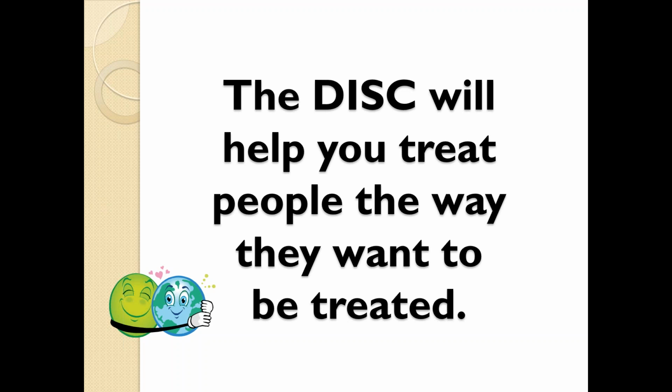No. Because the highly compliant person that likes stats wants to know, where's the information to back what you're saying? I can only believe you if you can back it up. So if you treat them the way they want to be treated, coming in with a lot of stats and talk to the stats instead of about yourself, you will be the one that walks out with the listing.